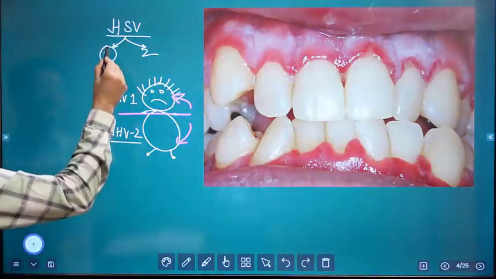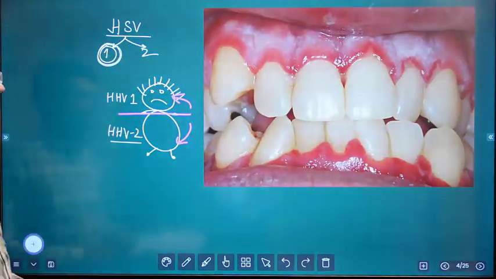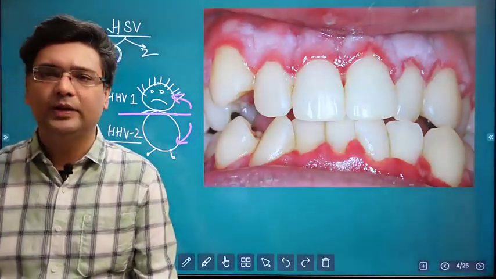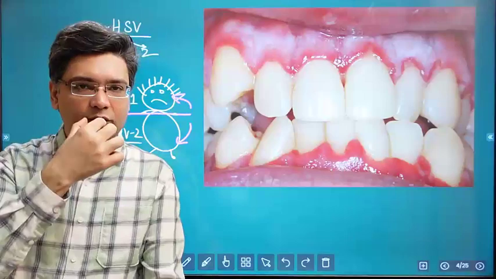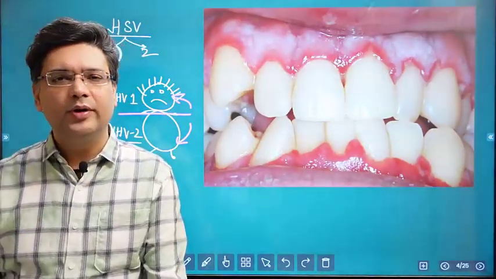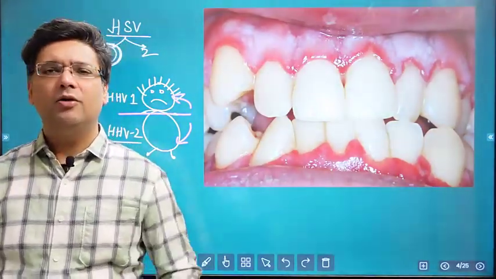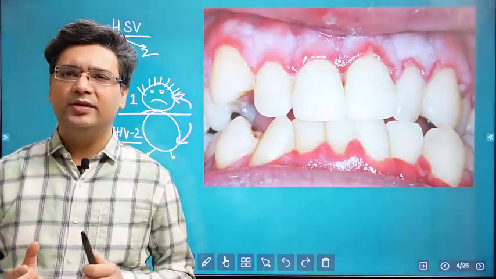So when we are talking about HSV1, which is the human herpes virus 1 family, this is mainly going to spread through the oral route. So this is going to spread through the saliva or through active perioral lesions as well.